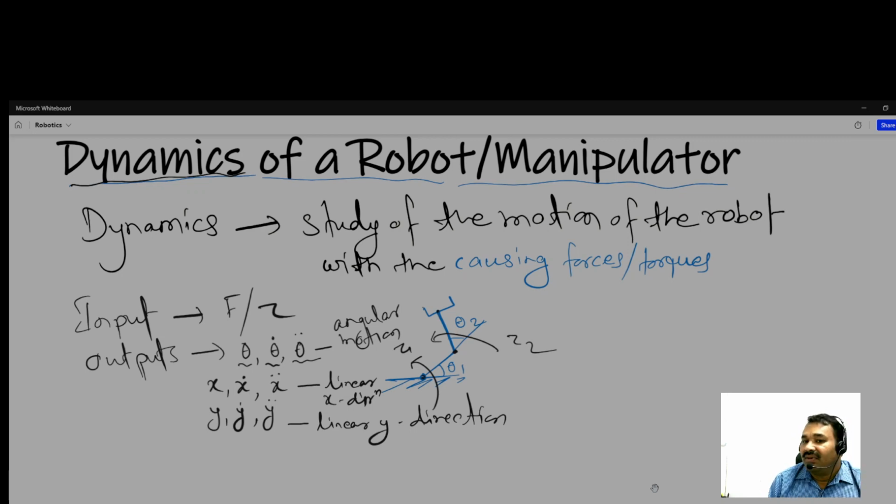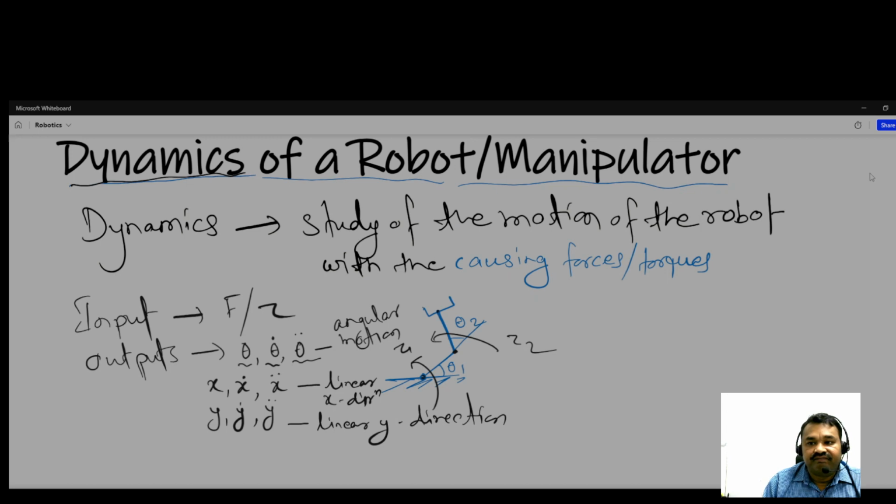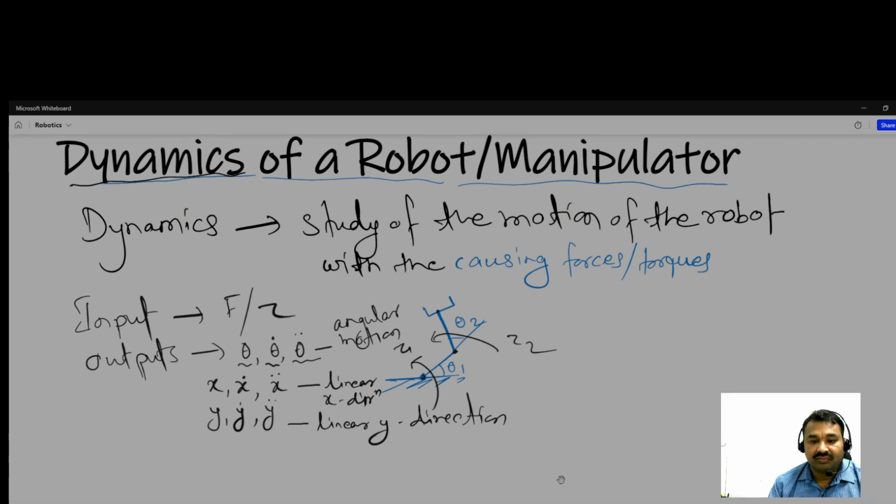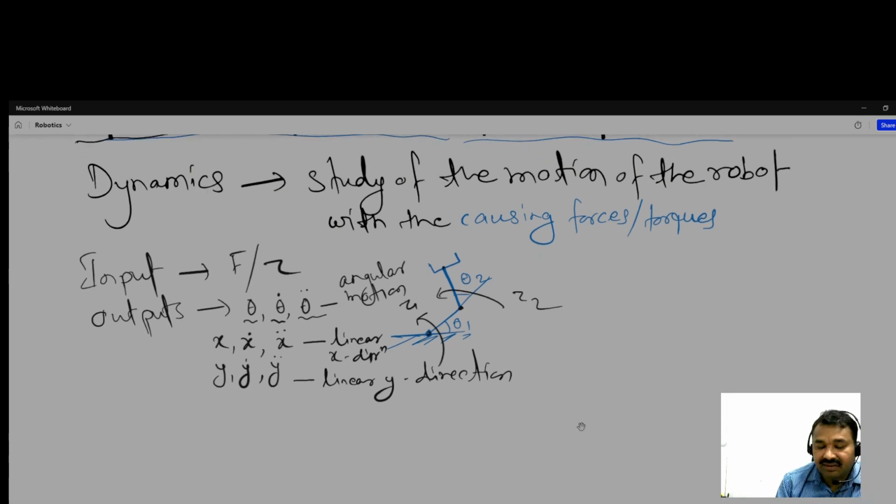So in dynamics, किसकी वजह से मोशन हो रहा है, that also we consider.